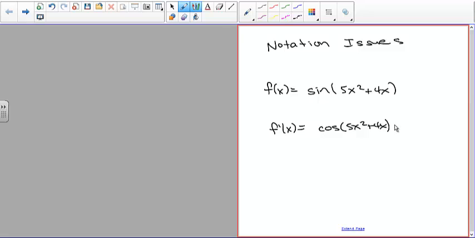And then you would take the derivative of what's inside. So if you did that, you'd have 10x plus 4. But again, you need to have parentheses, whether this is in the beginning or the end. Because if I didn't have the parentheses, I'd just multiply the cosine by 10x. I wouldn't multiply the cosine by 4.